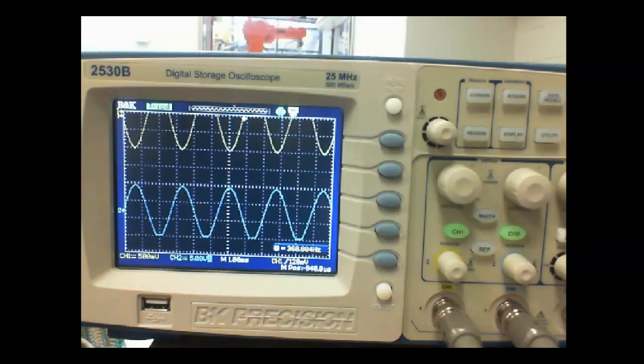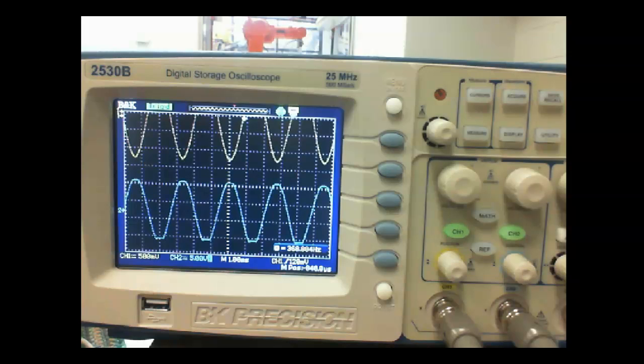Then you notice when I get to a certain point, the bottom starts flipping. Well, what's happening? I'm subtracting out where I don't have 0.7 volts anymore on the base, and the transistor cuts off. You can see the top start flipping a little bit.